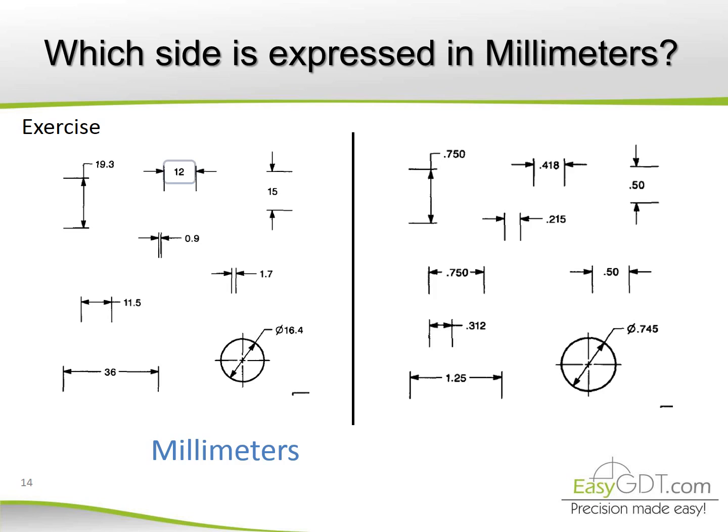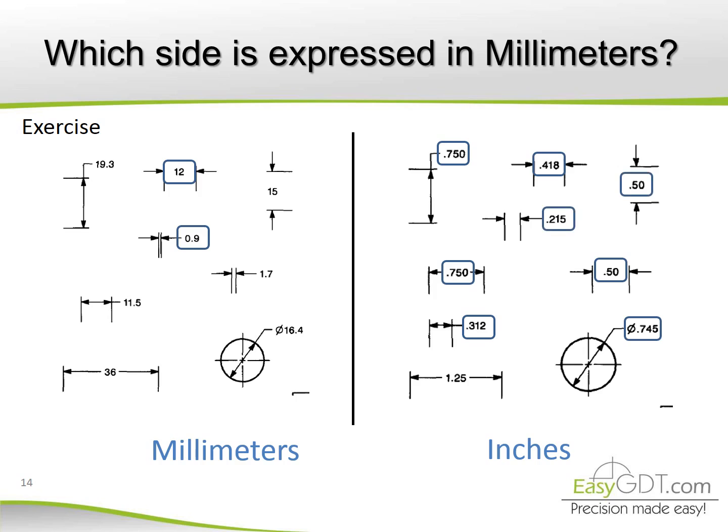Notice that 12 doesn't have a decimal point or a 0 after it, and the 0.9 shows the 0 before the decimal point. While on the right side we have inches. We can see all these dimensions that are less than 1 and don't have a 0 before the decimal point.